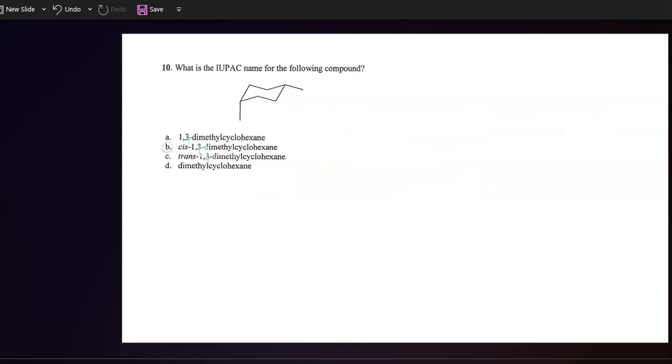The next question is about the IUPAC nomenclature of the given compound. Here again it's chapter 4. It's a multiple choice question, and you can see that they both are pointing to the same direction, same phase. This is down and this is down, so that means this should be a cis structure.